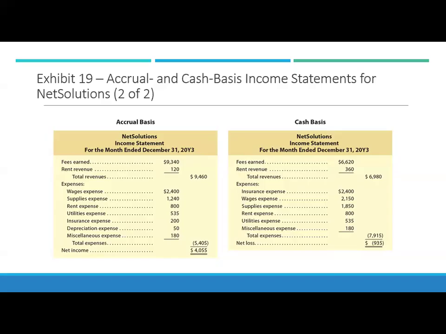And also, it gives an accurate picture. Accrual basis gives an accurate picture of how profitable it was to generate this revenue. In the first accrual basis example, the profit margin is almost 40%, which is pretty great.